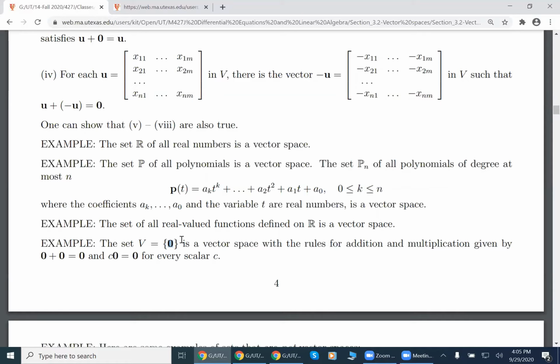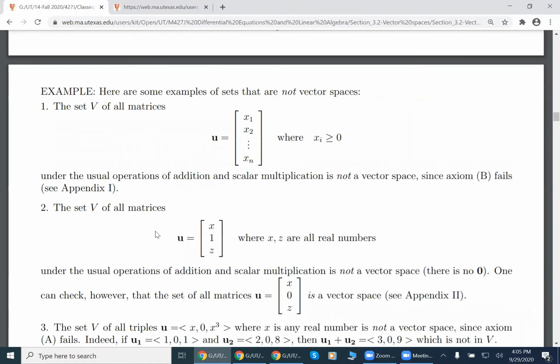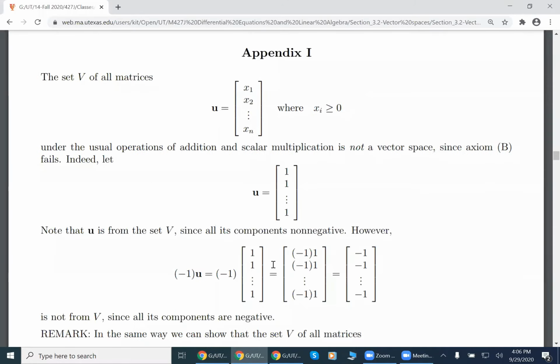Now let us discuss examples of sets that are not vector spaces. Example number 1. The set of all matrix columns with n rows where each component is non-negative. It is not a vector space. We show it in Appendix 1.